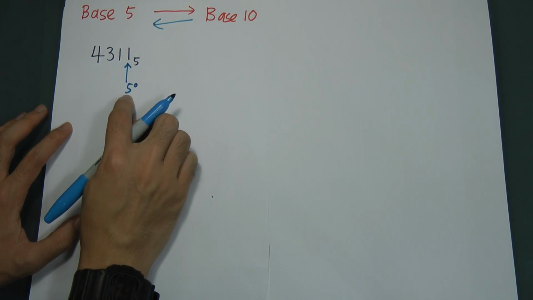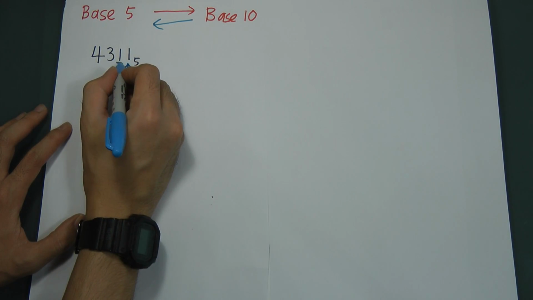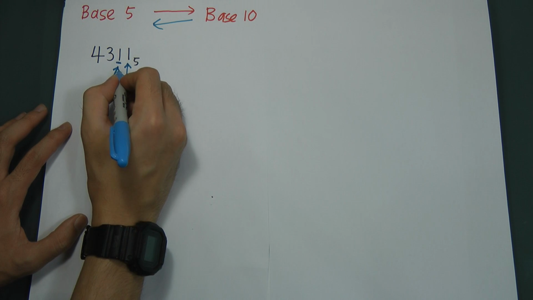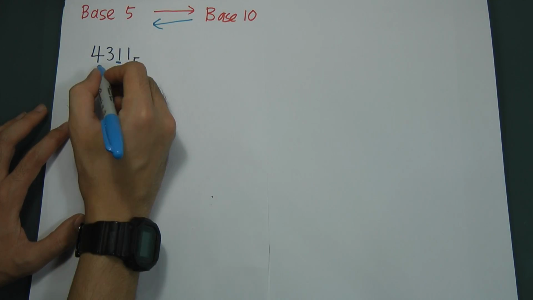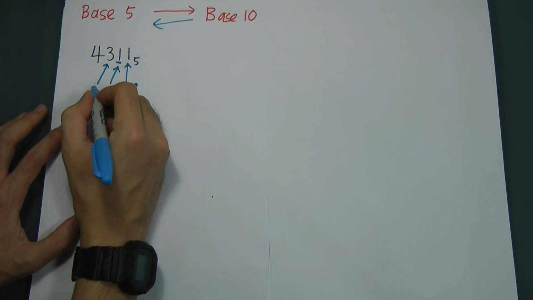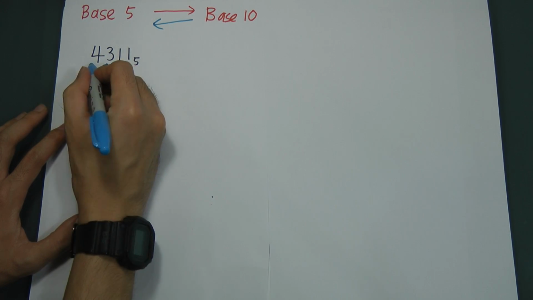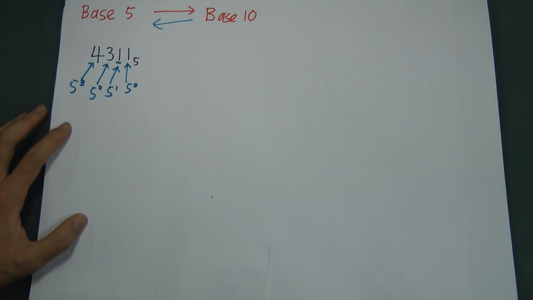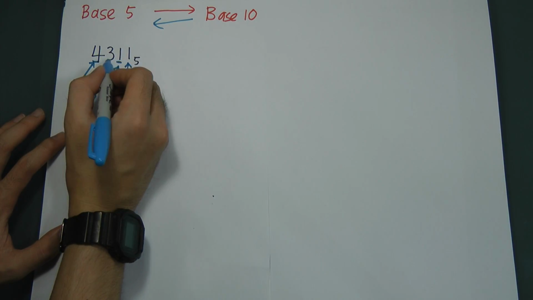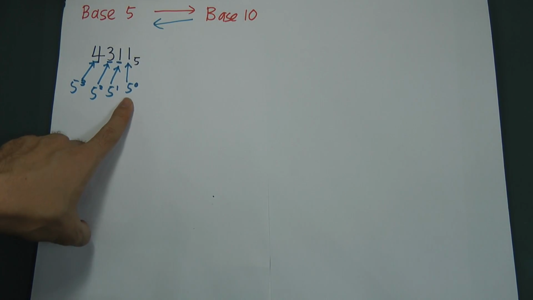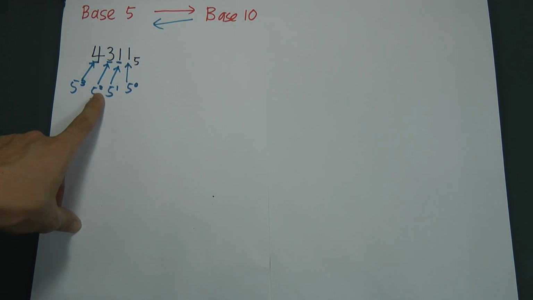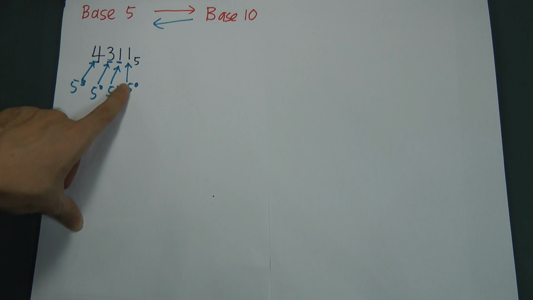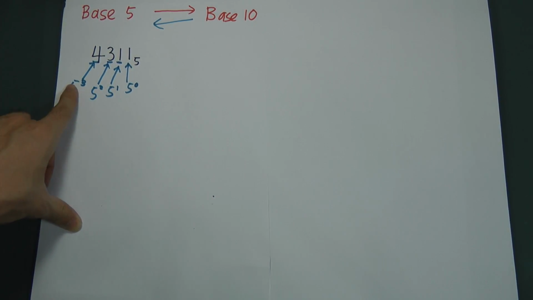The second space will be 5 power of 1. The third one will be 5 power of 2. The fourth one will be 5 power of 3. Very easy to remember, as long as you understand you always start with 0, 1, 2, 3: 5 power of 0, 5 power of 1, 5 power of 2, 5 power of 3.